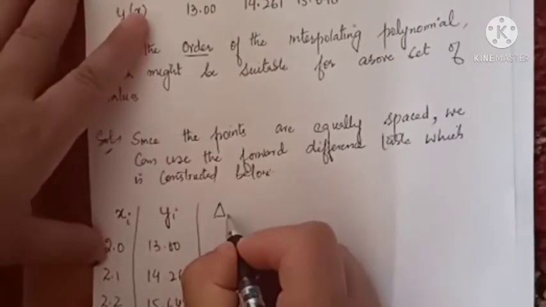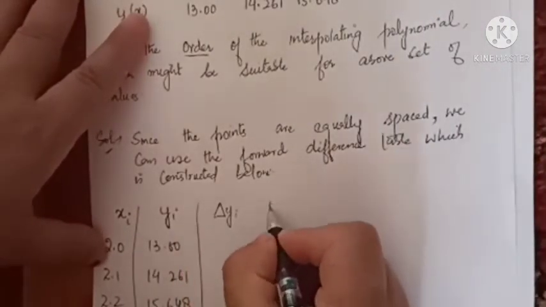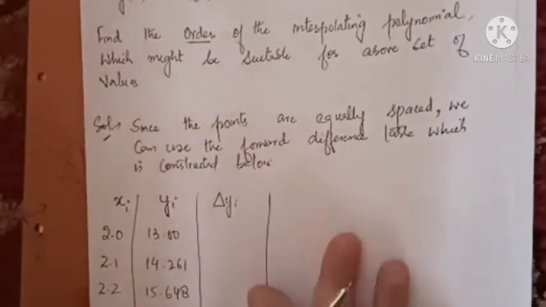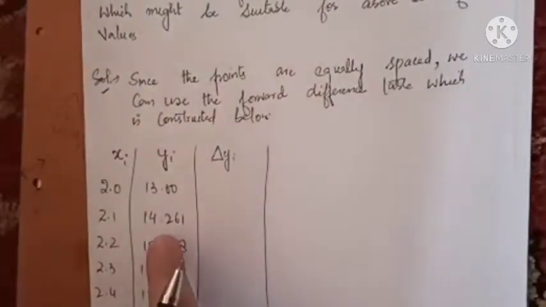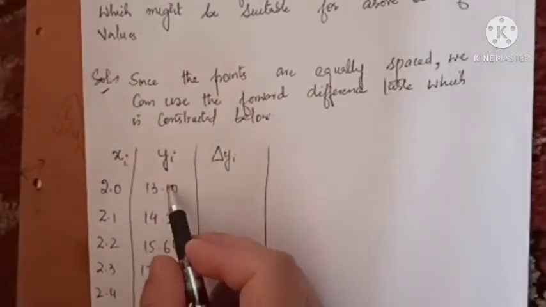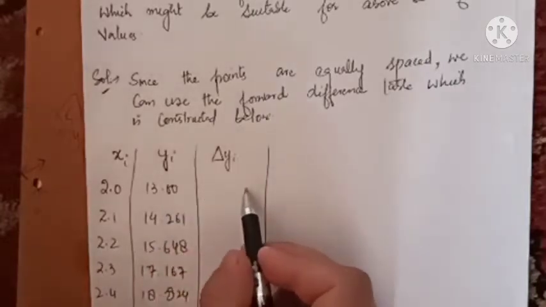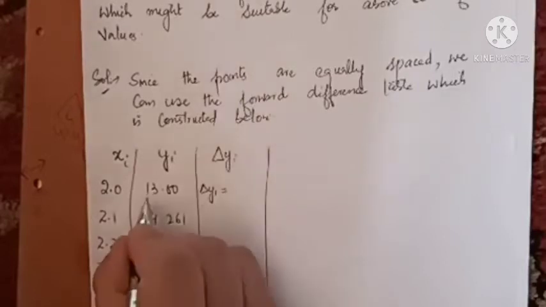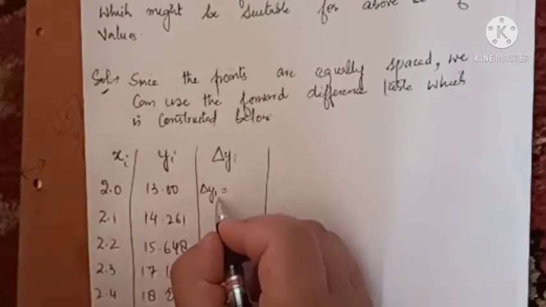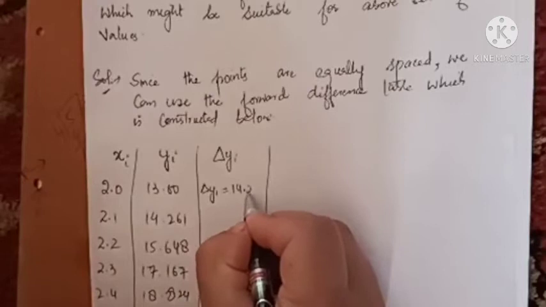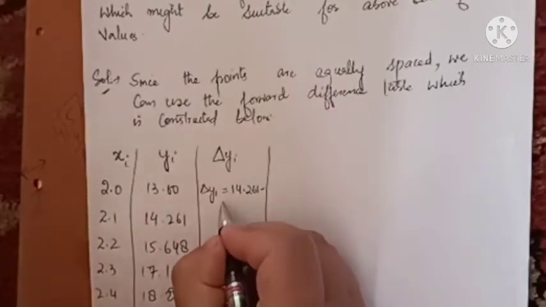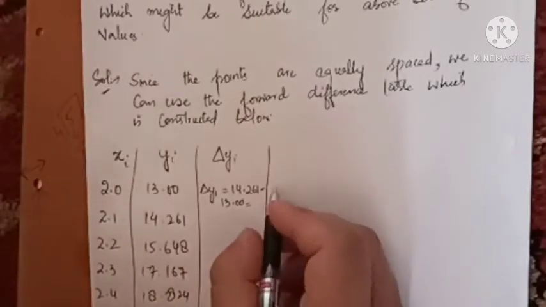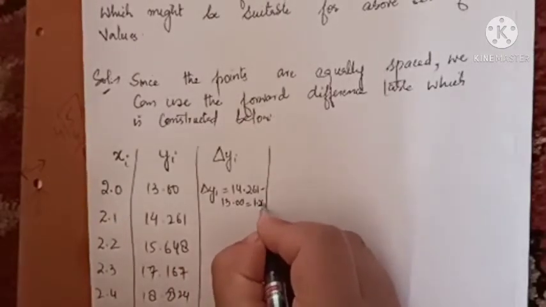check the first order forward difference of this polynomial. How do we do that? When we talk about differences, the difference between this point and this point, that we write over here. Delta y1 will be, what is the y1 value? It is 14.261 minus 13.00, which will be equal to 1.261.